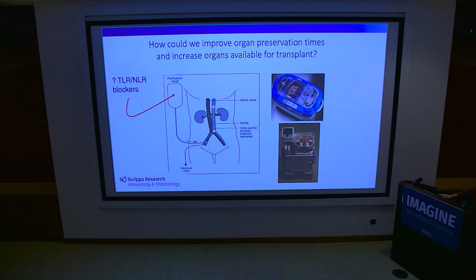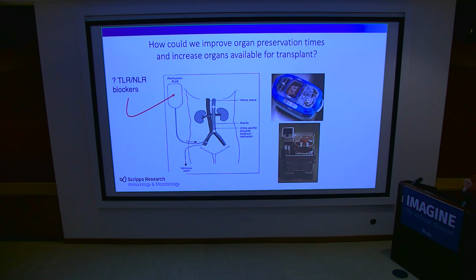And the other thing is that these receptors are differentially expressed in different tissue. So in the liver, TLR4 plays a bigger role than TLR2 does. In the heart, there's a lot more endothelial cells that we have to be considerate of.